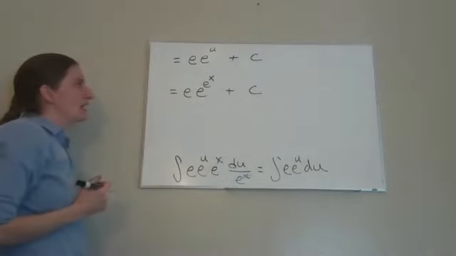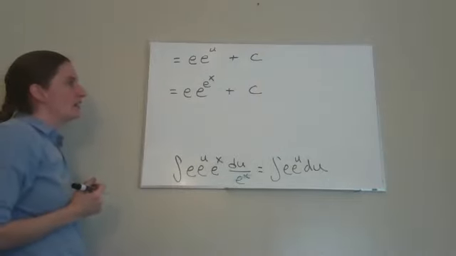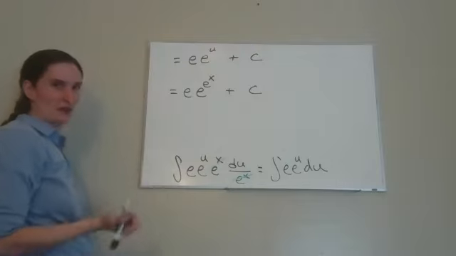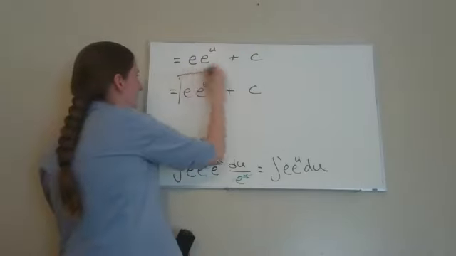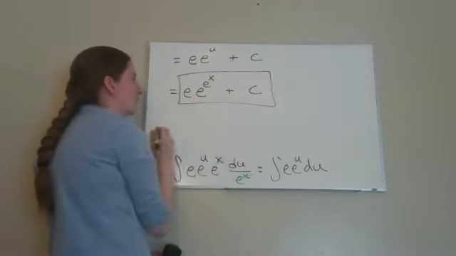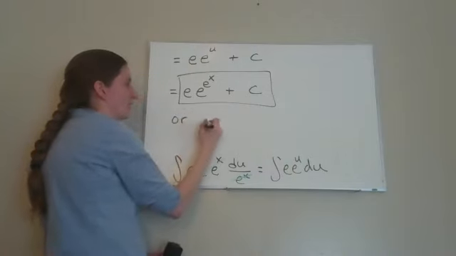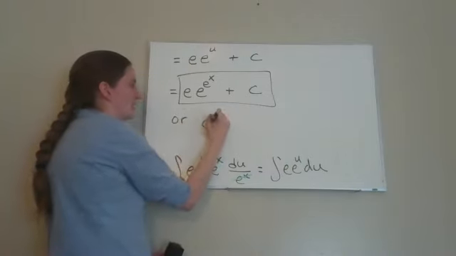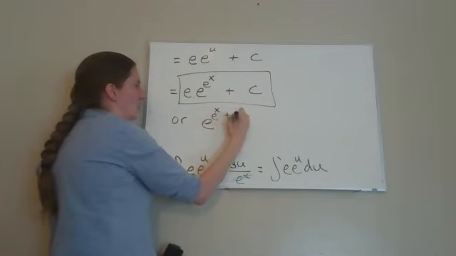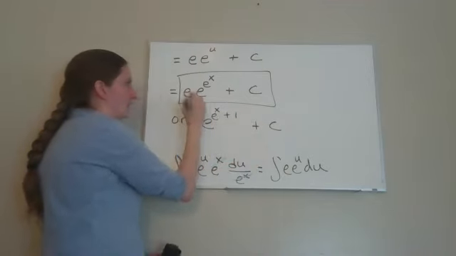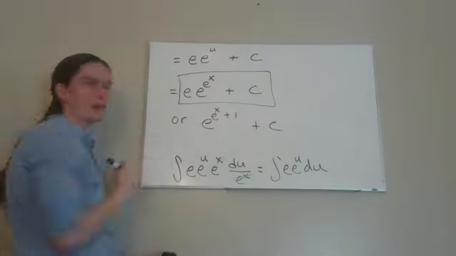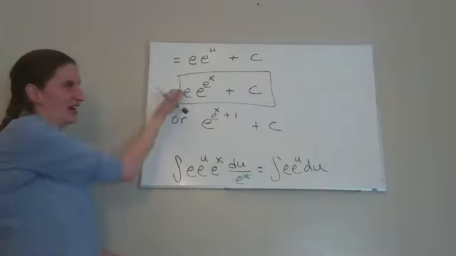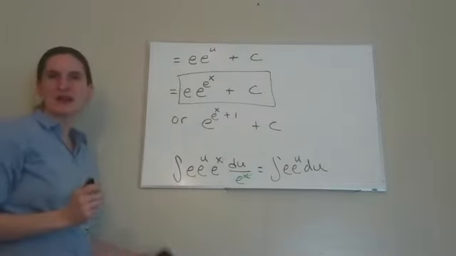So I get e times e to the x plus c. And if you really, really wanted to, you could combine this together as e to the x plus 1 plus c by adding the exponents on our e's. But I always just left it right there.